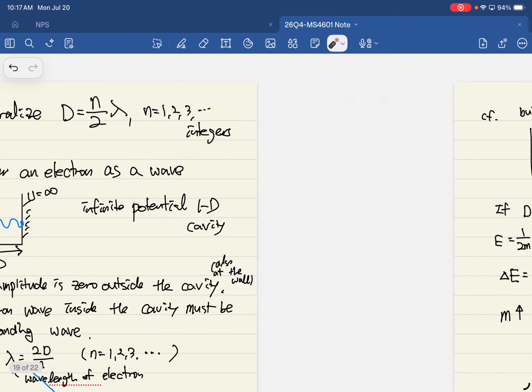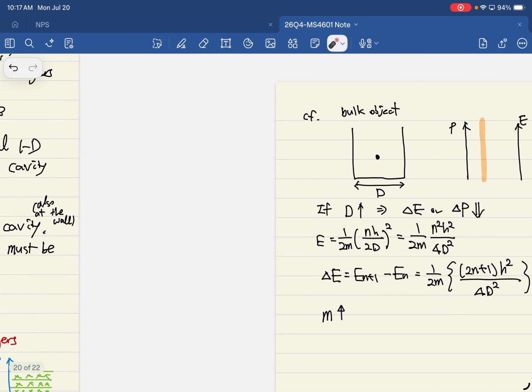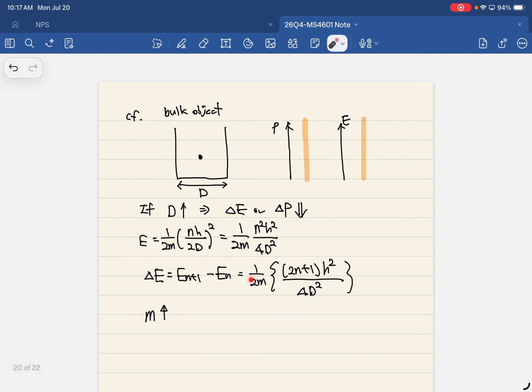And also, if you look at the momentum here, well, momentum does not have that here, but for energy, if we look at just the m value, if we increase the mass, obviously bulk object mass has a relatively large value, and because of that, delta E goes even lower. Okay, so this is why it's making continuous values for bulk objects.